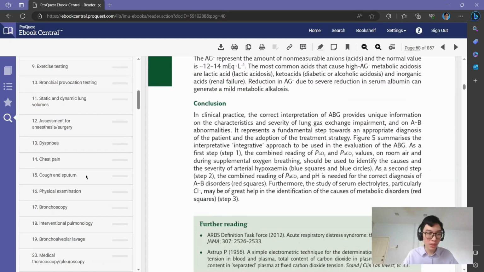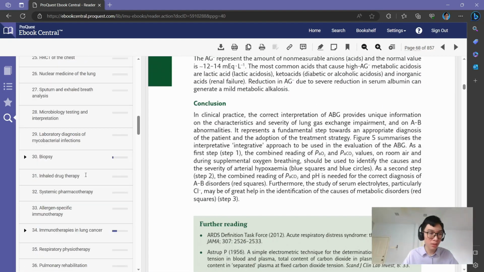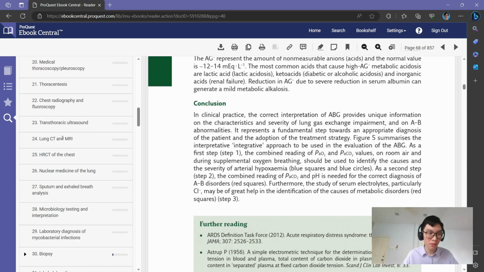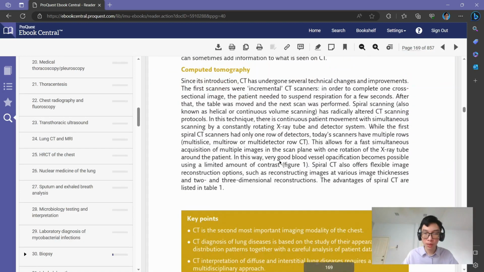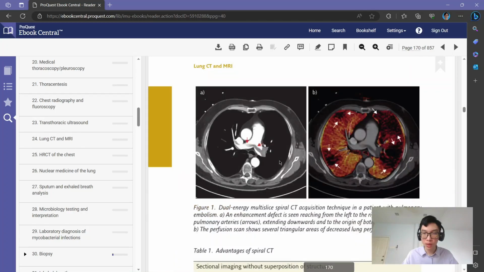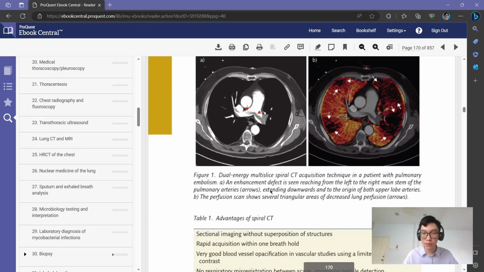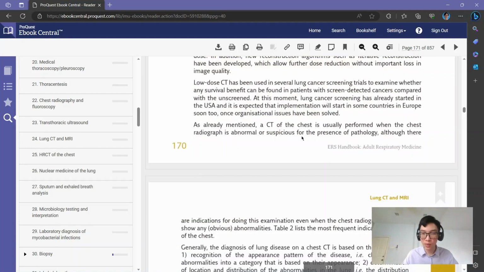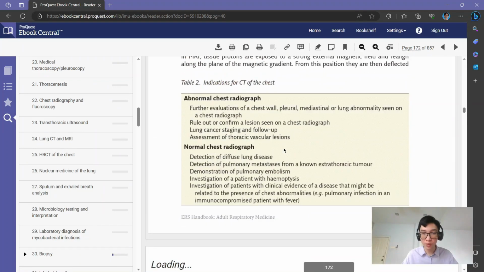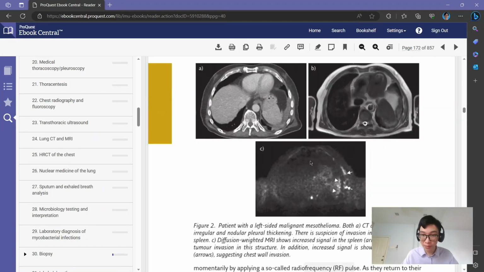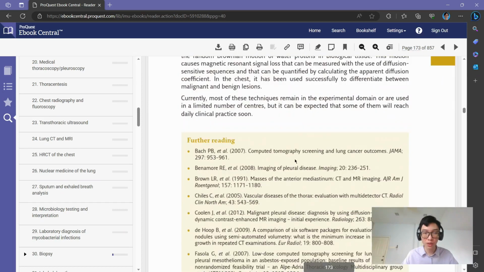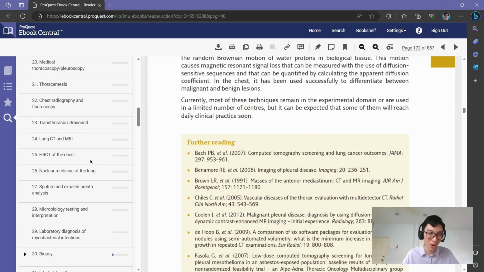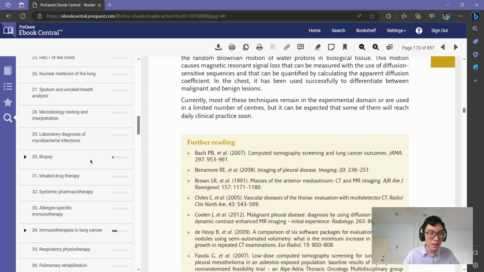So let's look at CT scan. If you're interested in radiography, of course you have your figures as well, CT scan images, and explanations and how to interpret them, right? And of course, can't forget the further reading if you want to learn more about it.